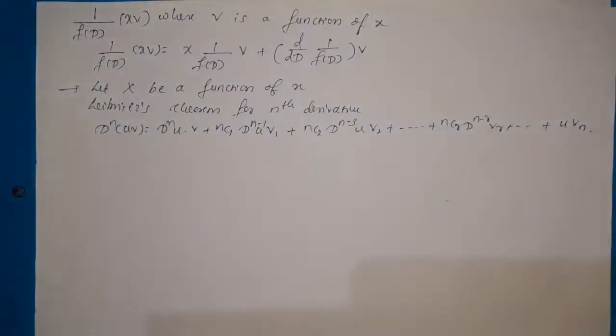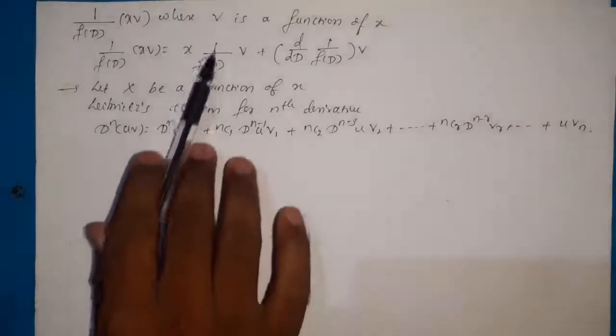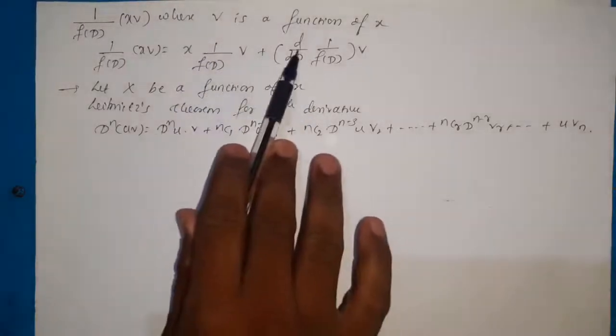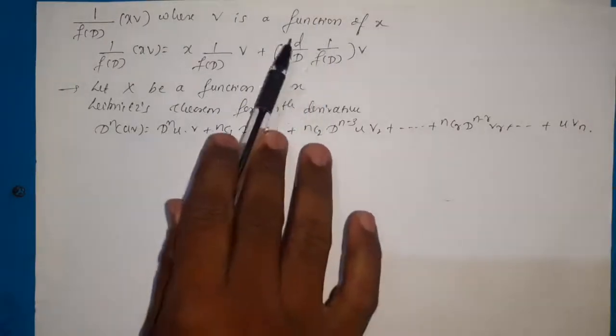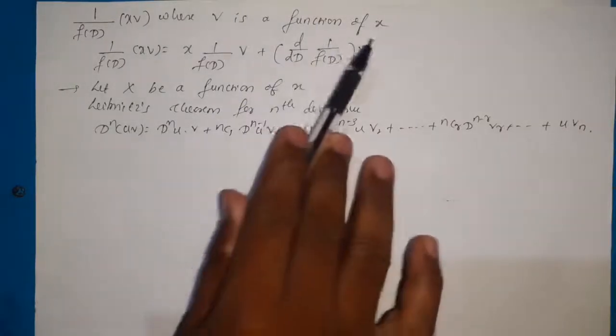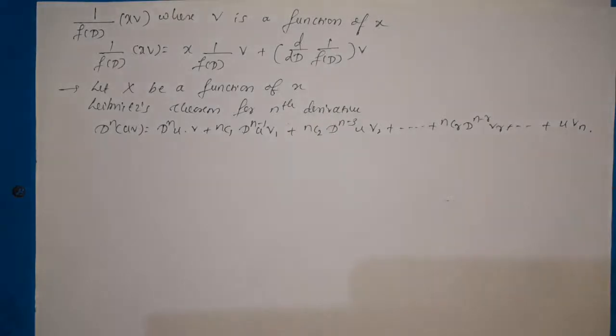So here we need to find the particular integral two times: first for 1 by f of D into V, and then for the derivative of 1 by f of D into V. Let us consider capital X as a function of x.